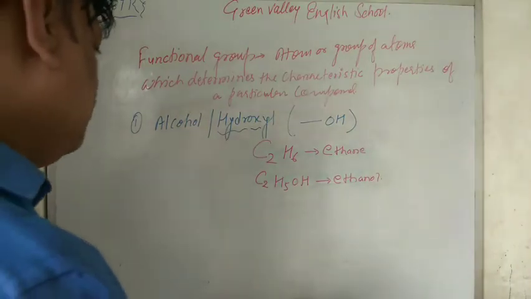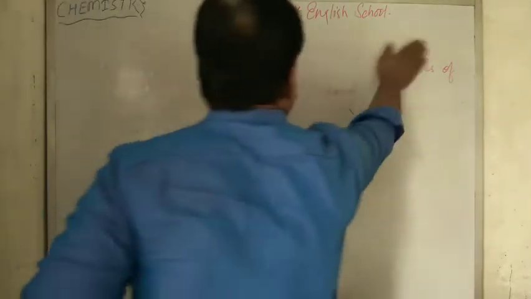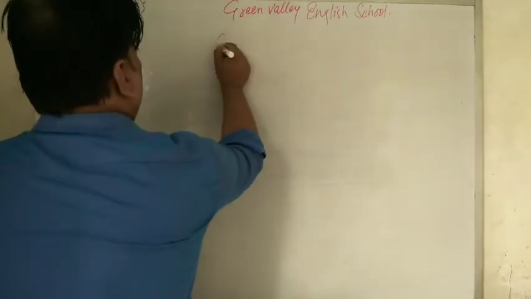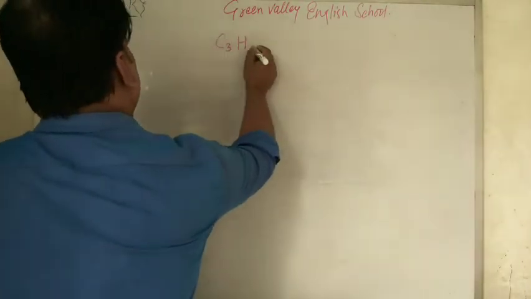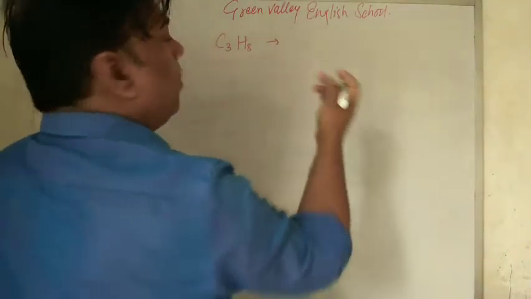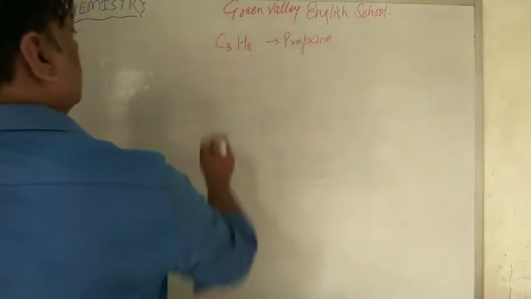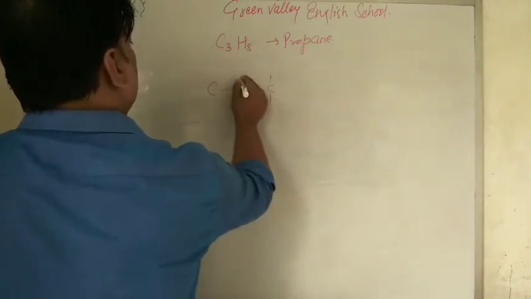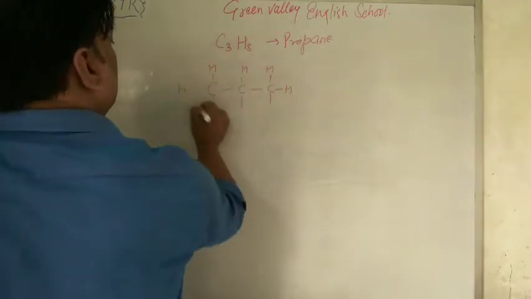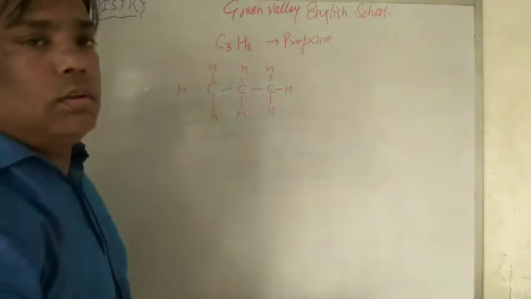Let's take one more example. Suppose that we have C3H8, that is 6 plus 2, 8. The name of that compound is meth, eth, prop. Prop, single bond, propane. And I want to add one OH group to it.